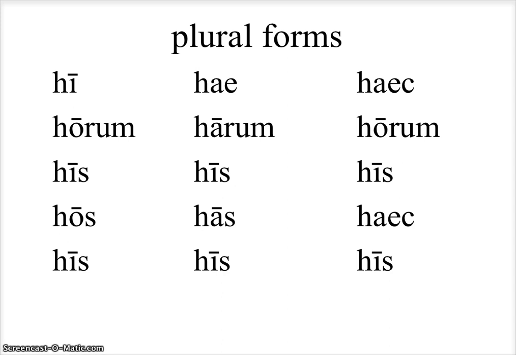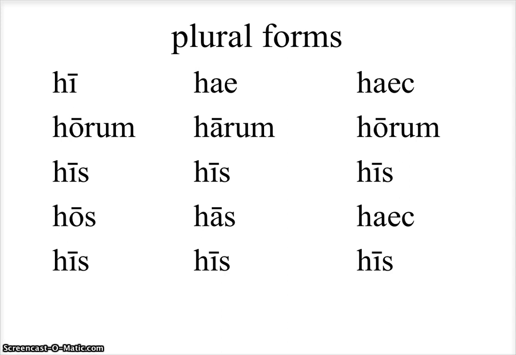Notice when you look at the plural forms that this looks very much like a regular first and second declension adjective. Hi, horum, his, hos, his. Those are the plural forms of second declension masculine nouns and adjectives. Hae, harum, his, has, his.